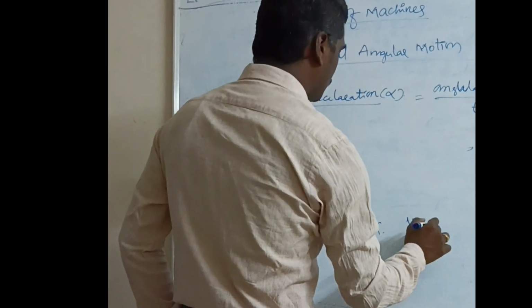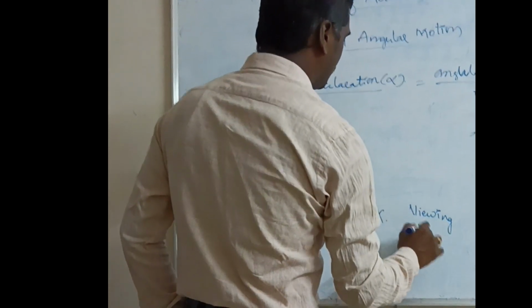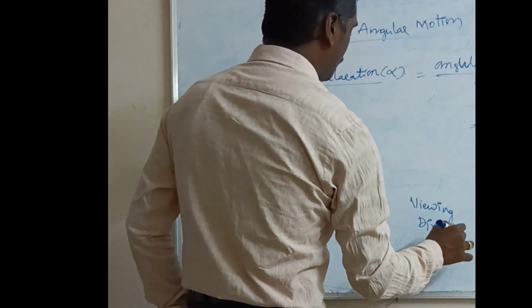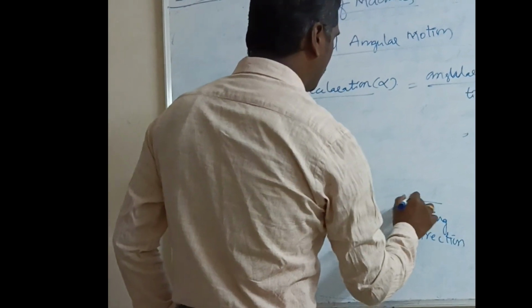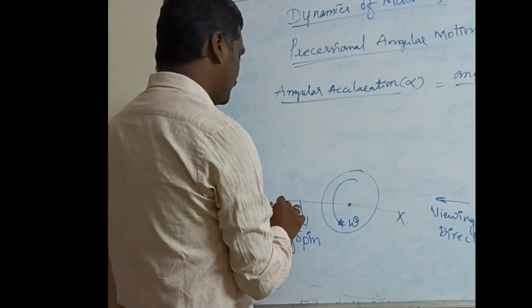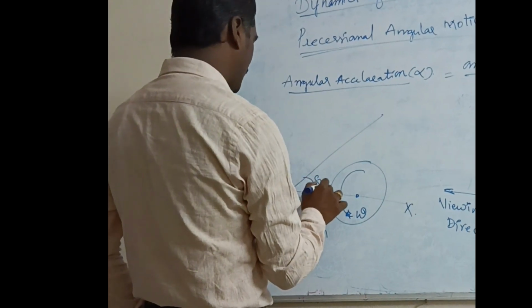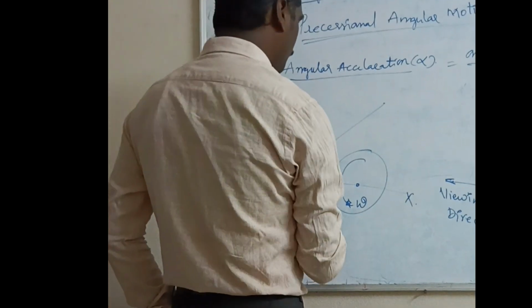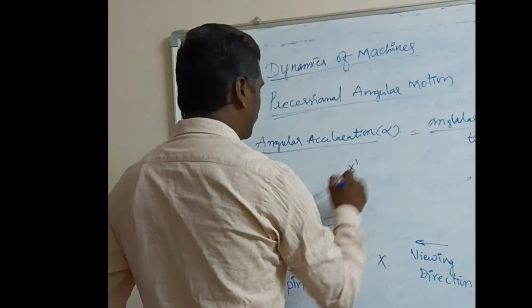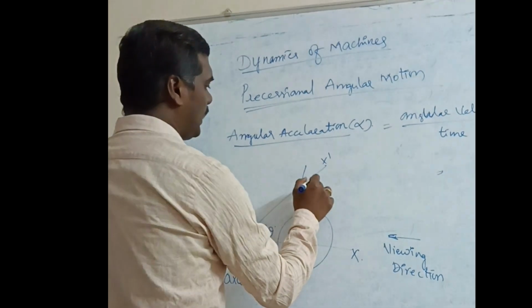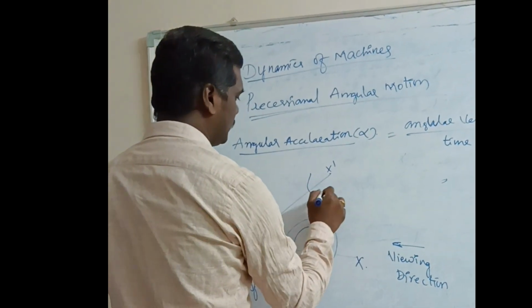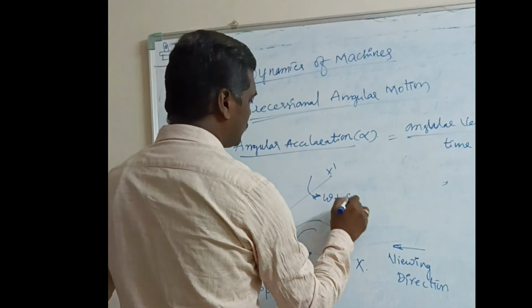Viewing direction. After some time delta t, the object moves through an angle delta theta from OX to OX dash. Now the angular velocity of the disc is omega plus delta omega.